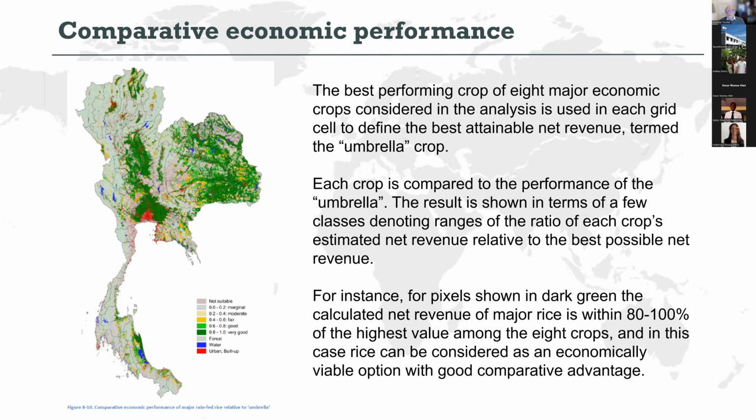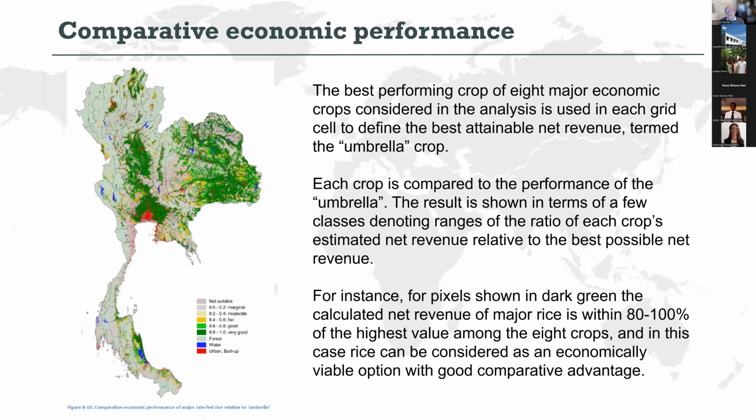net revenue. So if, say, cassava can produce half as much as the best crop that has been assessed in a location, then it would fall into this third class of 0.4 to 0.6.